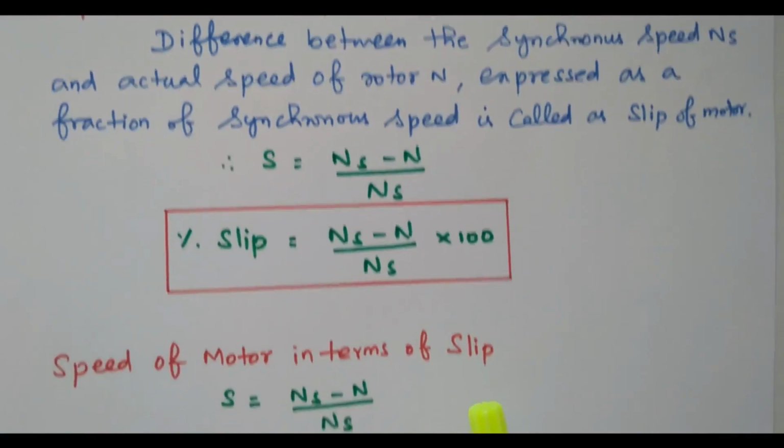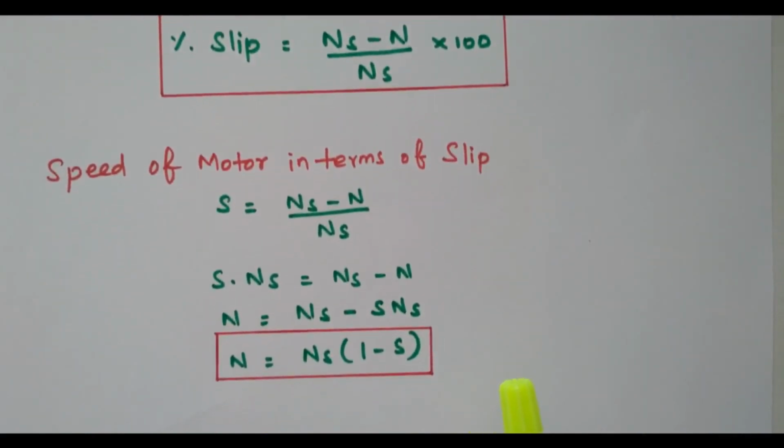Now we will see the speed of the motor expressed in terms of slip. We know that s equals Ns minus N divided by Ns. Cross multiplying, s times Ns equals Ns minus N. Bring N to the left-hand side and s Ns to the right-hand side.